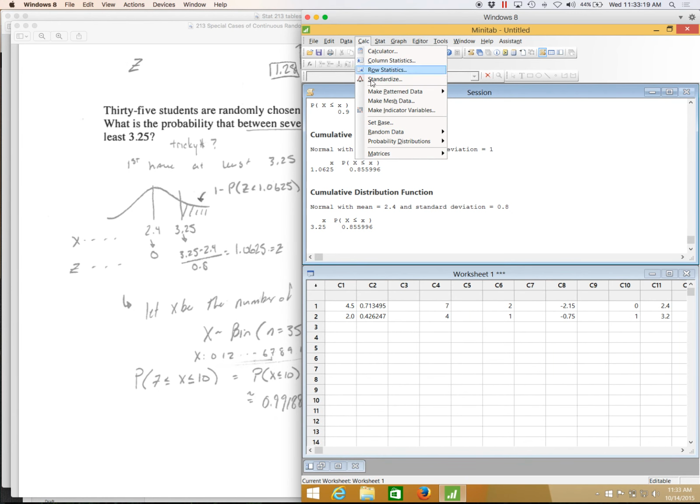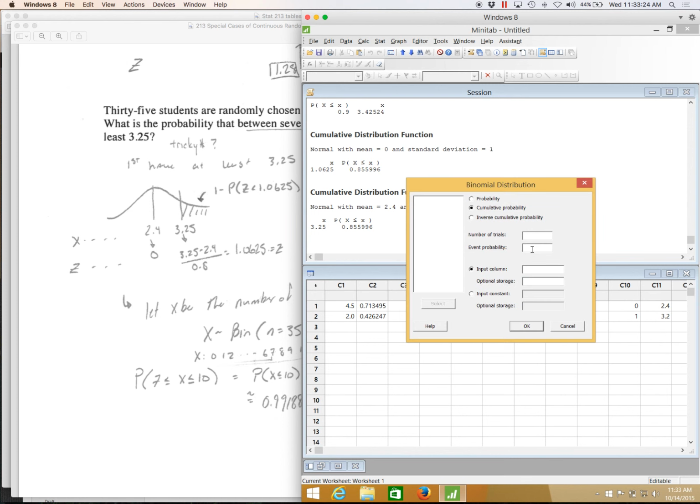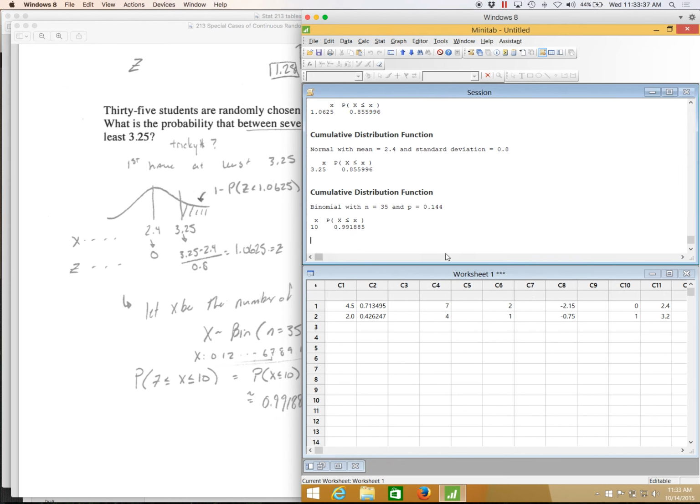In Minitab I can go to Calc, Probability Distribution, Binomial. Here I want the cumulative probability, number of trials is 35, the event probability we found from the normal distribution to be 0.144, and here the input constant is 10. That's the cumulative probability of having at most 10 students.